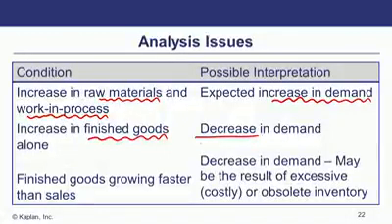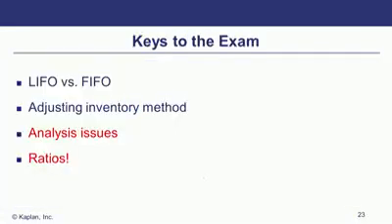Finished goods that are growing faster than sales, well again, a worry. Why are our finished goods increasing faster than sales? Again, could be due to decreases in demand, and again, it could be that we've got obsolete inventory that we haven't yet written down in the financial statements. So again, it may be an indication that write-downs are required.